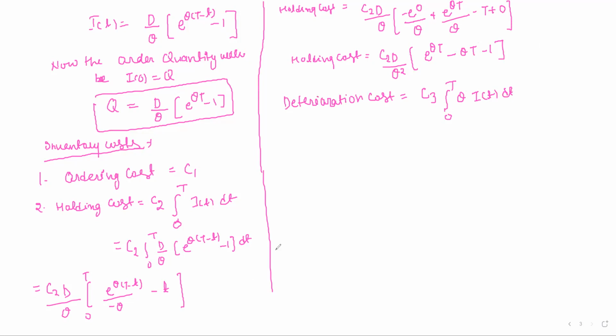If we see holding cost and deterioration cost, there is only a little difference: here we only multiply with theta. So there is no need to find the deterioration cost again, just take the value of holding cost and multiply it by theta. So it will come C3 d theta upon theta square, e to the power theta t minus theta t minus 1.